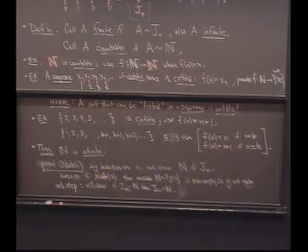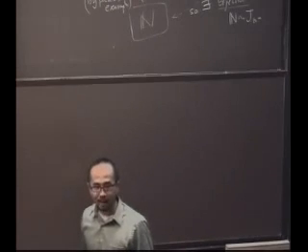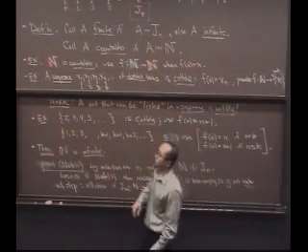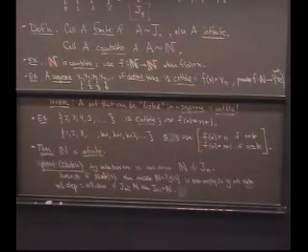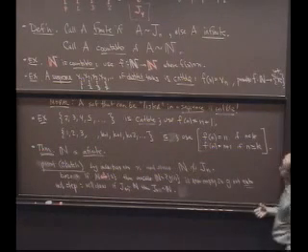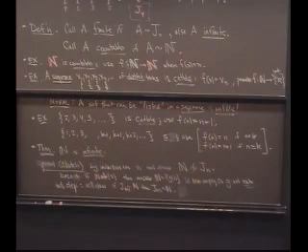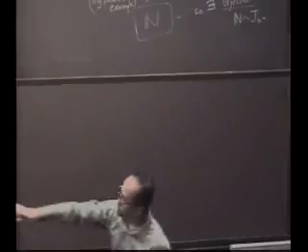How can you have a set that in some sense has the same size as a proper subset of itself? And it turns out that that is something that characterizes infinite sets. You can show that a set is infinite if and only if it can be put into one-to-one correspondence with a subset of itself. And we've just seen that here.